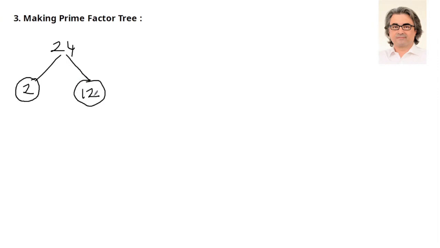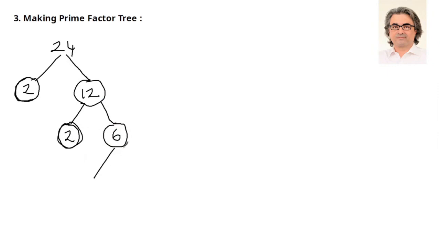Now 2 is prime, so I cannot write it as a multiplication of any two numbers without 1 and 2 itself, because it's prime, you know. So it's meaningless writing again 1 times 2. So what about 12? 12 is also divisible by 2. And 2 times which number gives you 12? Of course 6. And now this 2 is also prime.